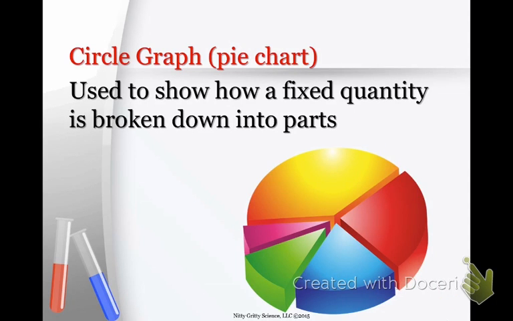A circle graph, also known as a pie chart, is used to show how a fixed quantity is broken down into parts. So we could say of this class, the circle represents the whole class, okay? A certain percentage in yellow likes to write in pen. The red percentage likes to write with a pencil.